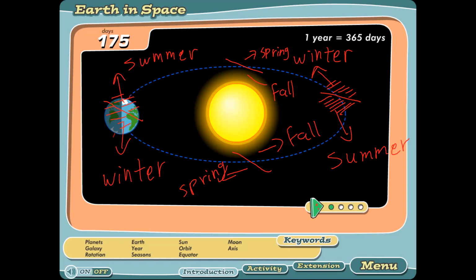And when the earth comes here, the north part is tilted away from the sun, and the other part is inclined toward the sun, so they have summer and so on. This happens every 1 year.